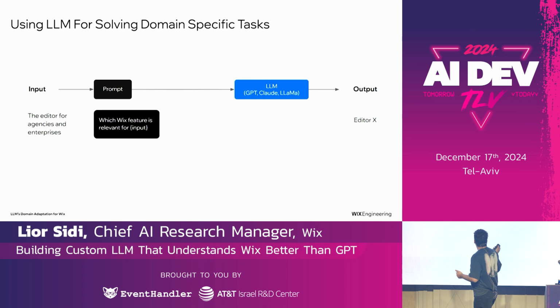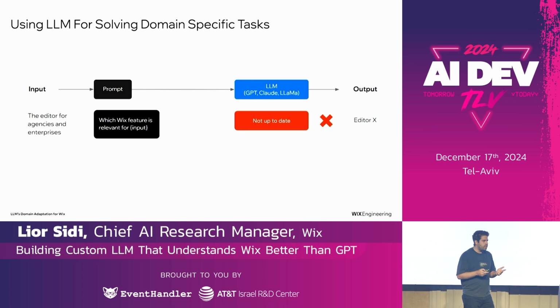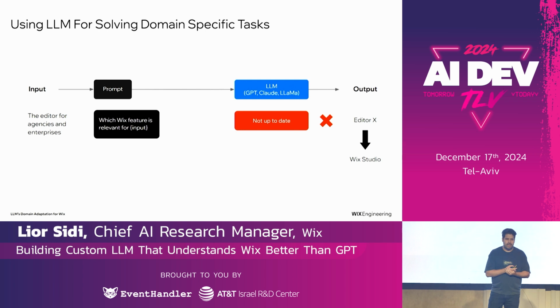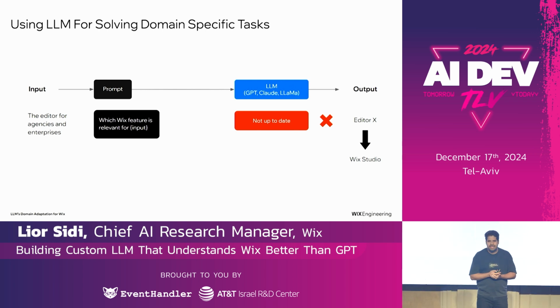The result, as you can see on the left, is Editor X. Editor X might be the right answer if you lived two years ago. Today we have a new editor called Wix Studio, which is more relevant for agencies and enterprises. So these models are not up to date, and we need to tame them. We need to customize them to our needs.